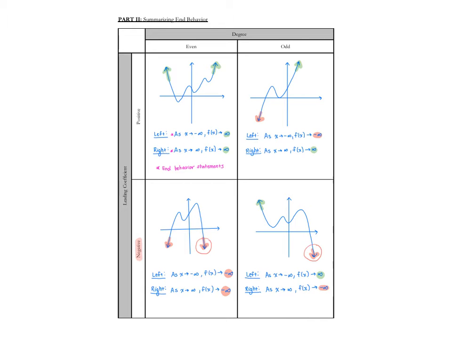So anytime your leading coefficient is negative, the right-hand side of the graph is negative. And then from there, you can pretty much get to wherever you need. So now that we've got a sense of the end behavior and where it comes from in the formula, we can start using this in conjunction with all the other information that we have to create some graphs. So that will take us to the next page.